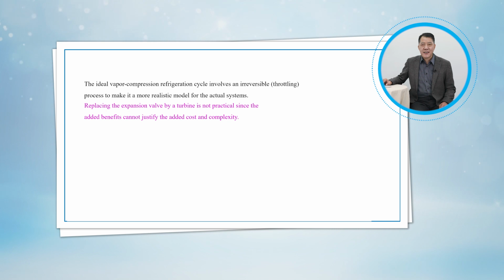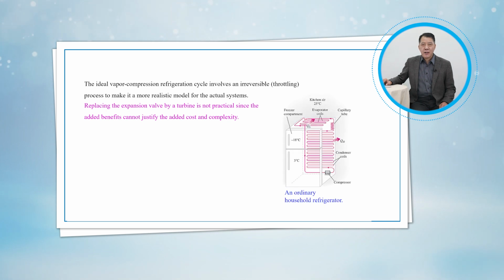and complexity. In a household refrigerator, the tubes in the freezer compartment where heat is absorbed by the refrigerant serve as the evaporator. The coils behind the refrigerator where heat is dissipated to the kitchen air serve as the condenser, as shown in the figure.